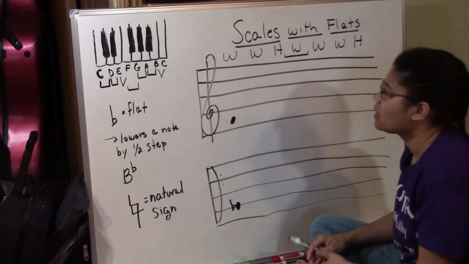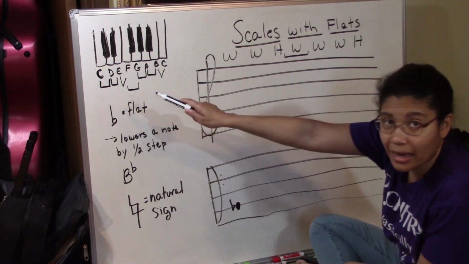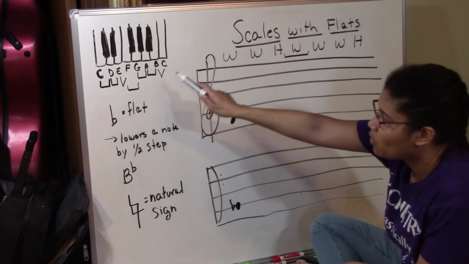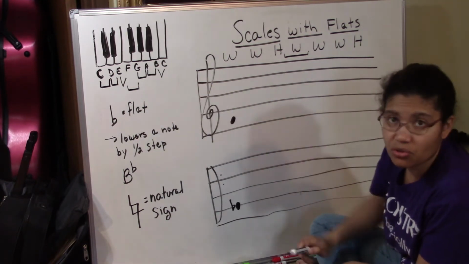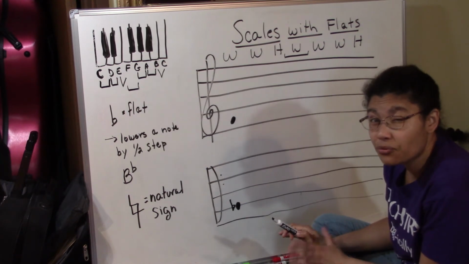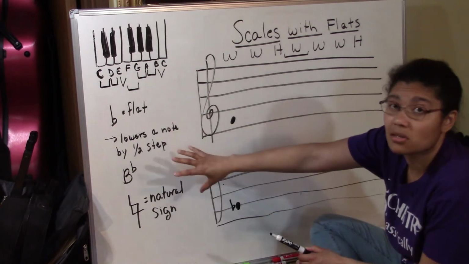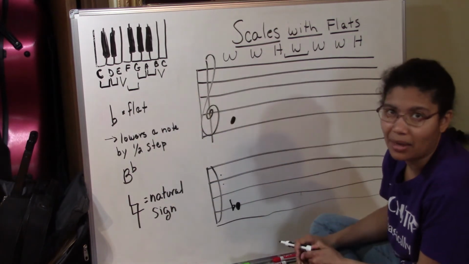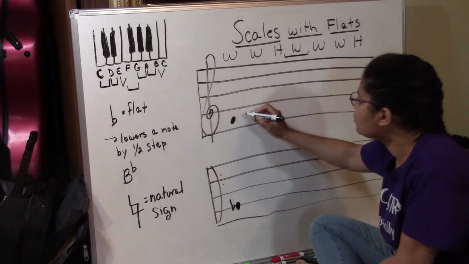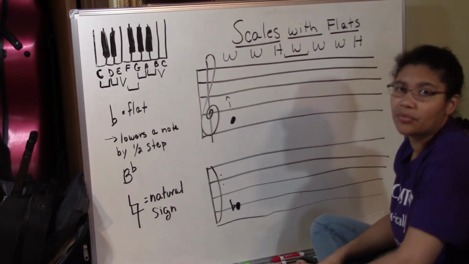And why is this? Because if I start on any note other than C, right, on the keyboard, all my white keys happen naturally in just the right perfect combination. But if I start on a different note, I'm going to have to use some tools to make that pattern happen. So if I start on F, let's do that, and I'm going to number each note in the scale.